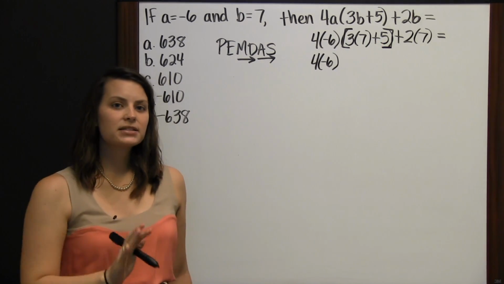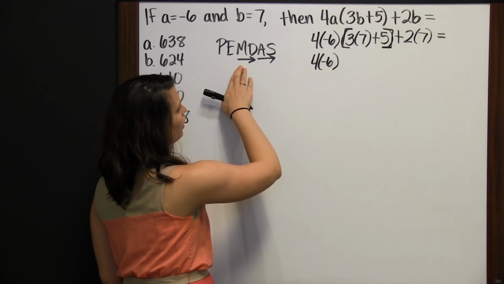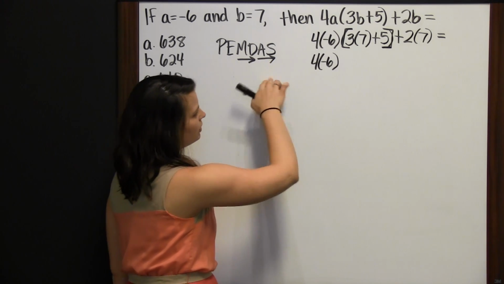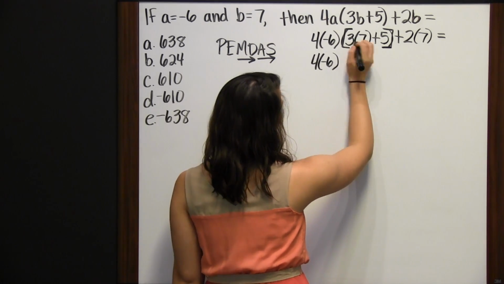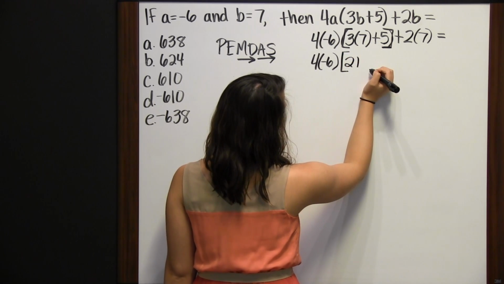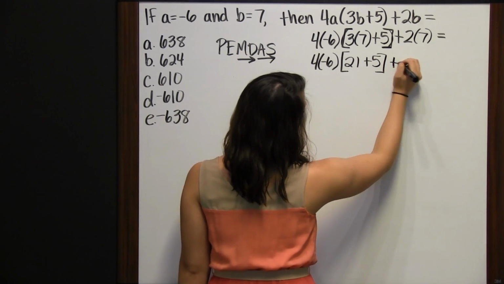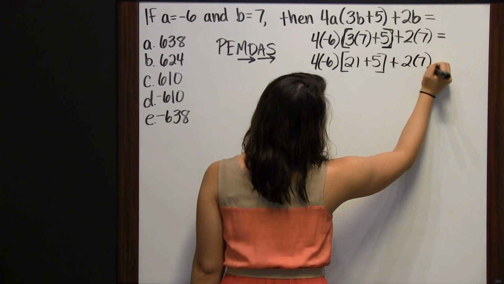So if we refer back to PEMDAS, we need to do our multiplication before we do our addition. So I'm going to start by multiplying 3 times 7, which is 21. And I'll bring down plus 5 plus 2 times 7.